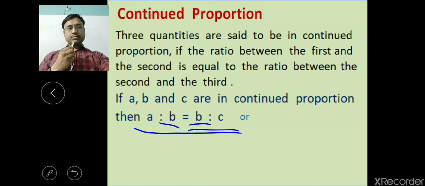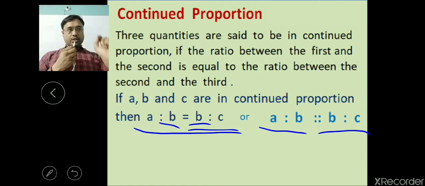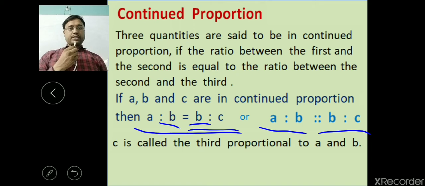We can also write this as A is to B is proportional to B is to C. This is the sign of proportionality when you give four dots all together. Thus C is called the third proportional to A and B. If you are considering three numbers, then this is called continued proportion.